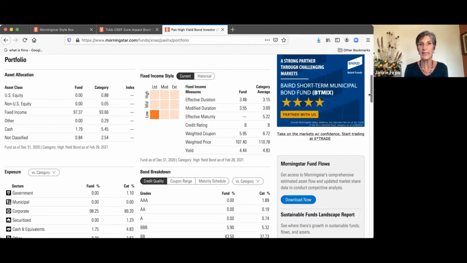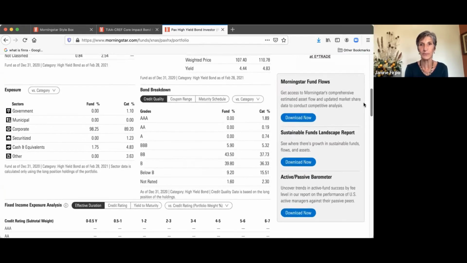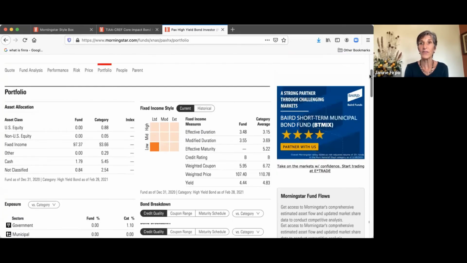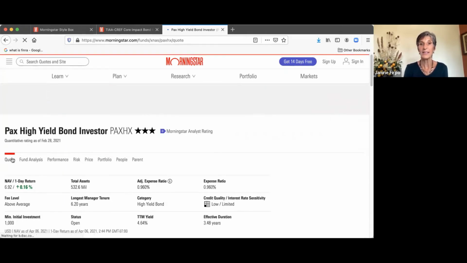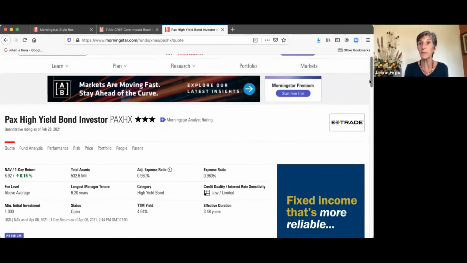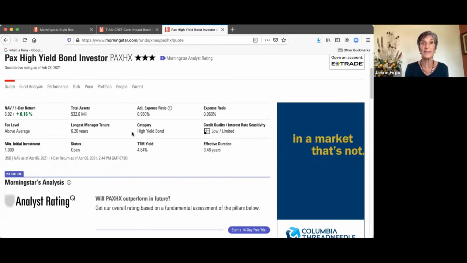But you can see as we scroll down that most of the bonds in this fund are in the area that is non-investment grade. So these bonds carry a lot of risk with them, which is important to understand. And the fact that this is called a high yield bond is because of that risk, you're expecting to get a higher return or a higher yield.